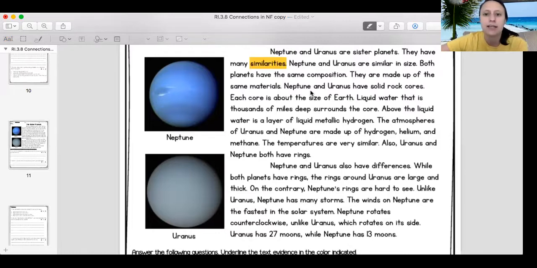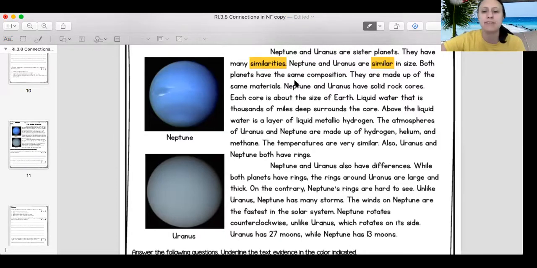All right? Neptune and Uranus are similar. Well, similar and similarities, that means that they're kind of the same. So I'm going to do that too. So now that I see that it has very many similarities, I'm going to see, is there any words in this passage that tell us how they're the same? Because it just mentions similarities. So let's see.